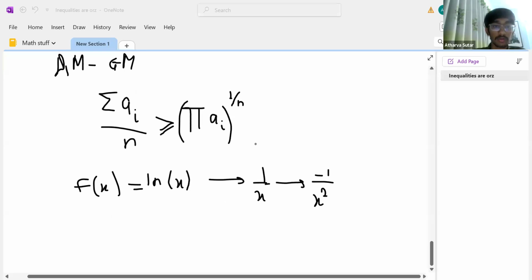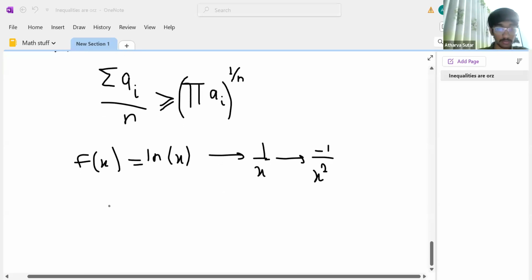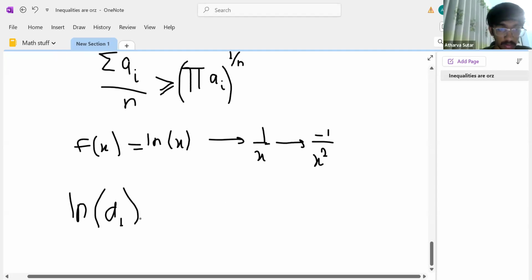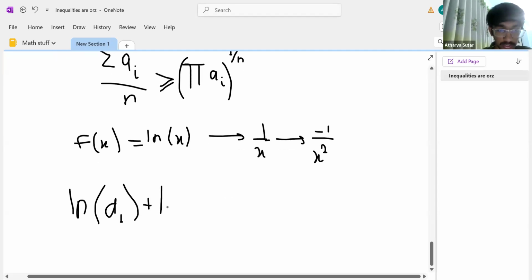Okay, so now we'll take ln of a1 plus ln of a2 and so on, since we're applying Jensen. So this would be the LHS term, right?